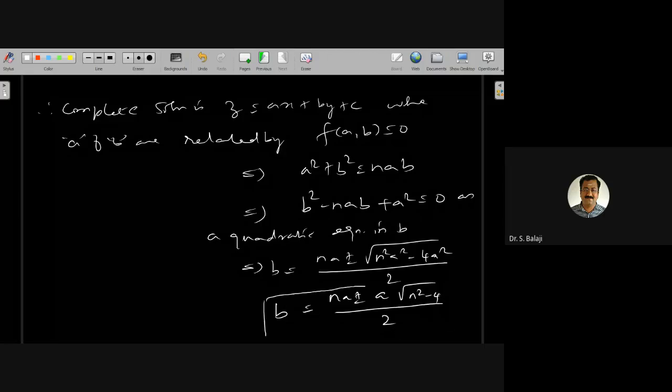Therefore, you can write b in terms of a like this.